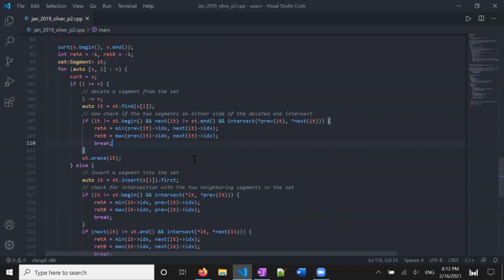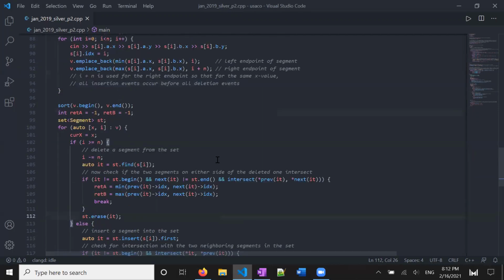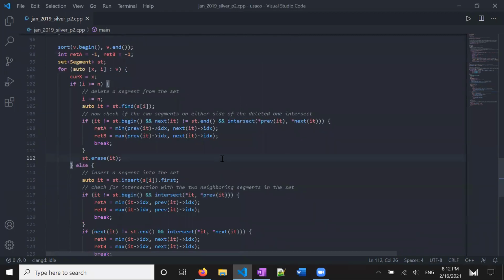Okay, so basically the high level here is that I have two cases. Remember, i is greater than or equal to n. So I have to delete a segment from the set.